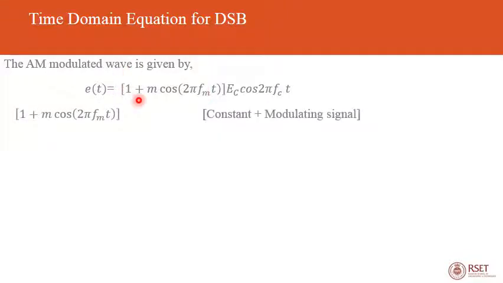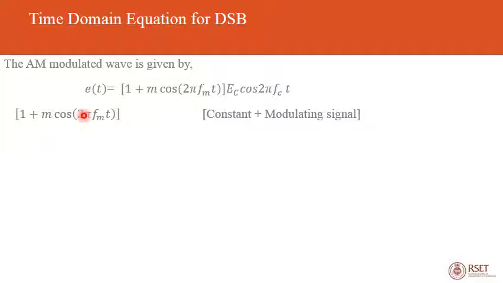The term 1 plus m cos 2 pi fm t contains a constant plus the modulating signal component. The 1 represents the constant value, and m cos 2 pi fm t represents the modulating signal component.